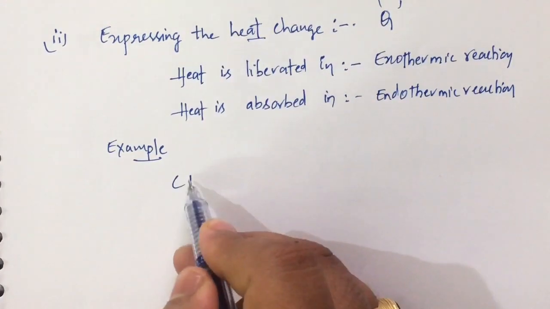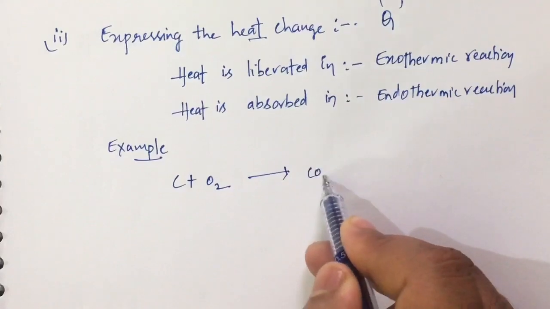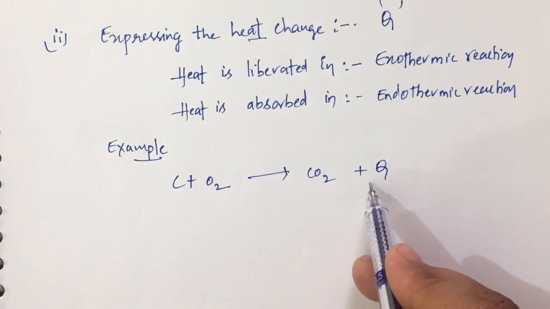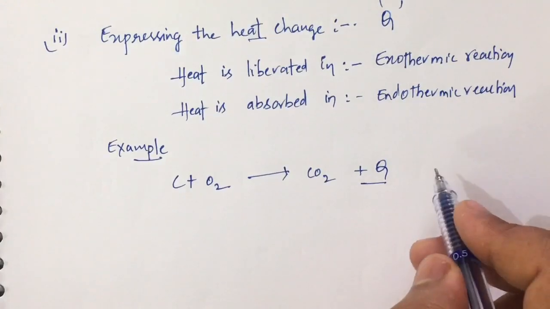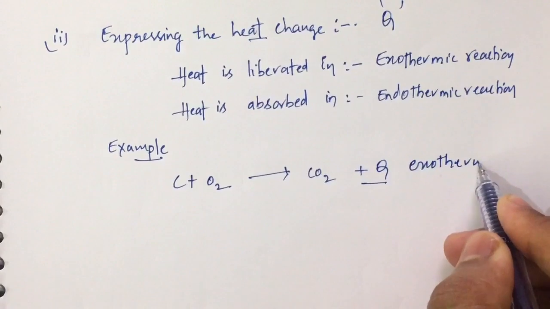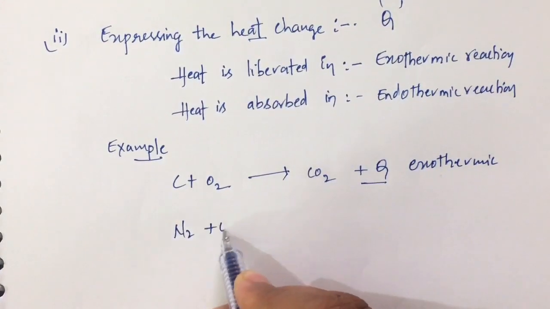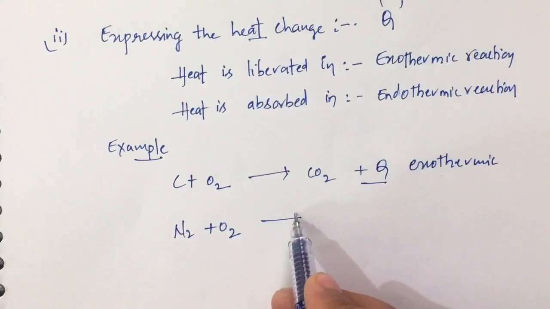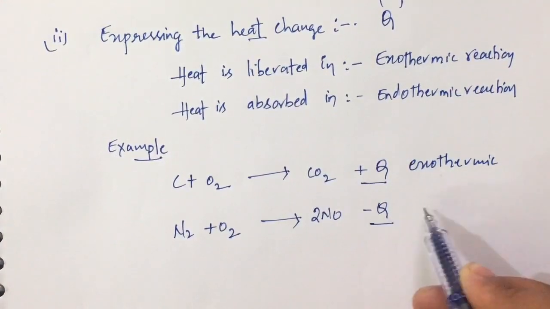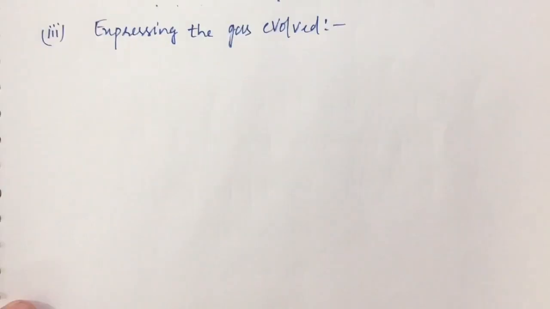Example: C plus O2 gives rise to CO2 plus Q. So here plus Q on the product side indicates exothermic. Another example: N2 plus O2 gives rise to 2NO minus Q. Minus Q indicates it is an endothermic reaction.